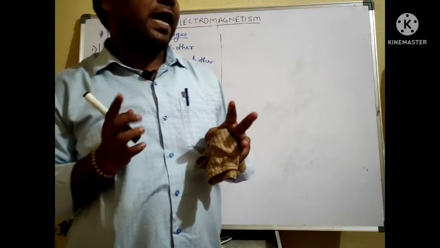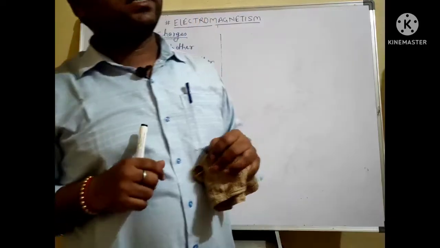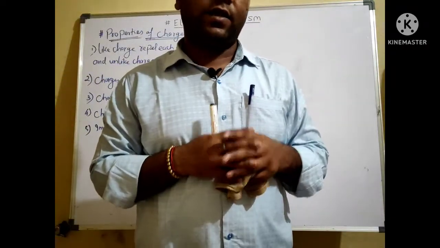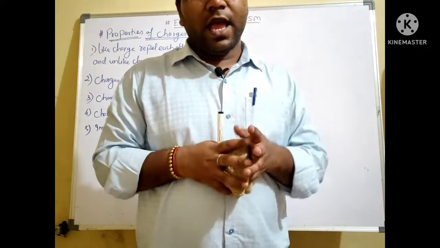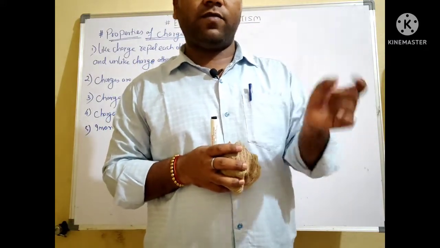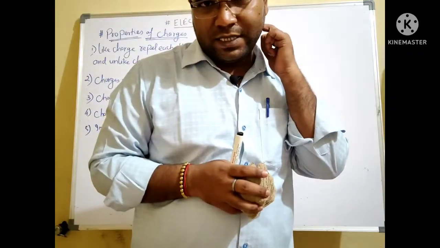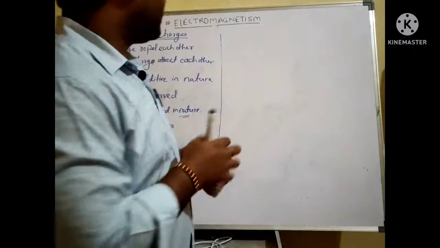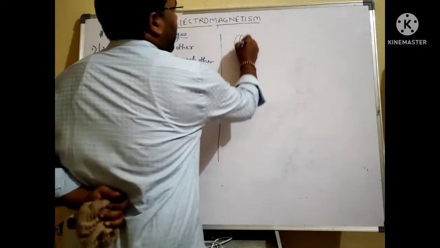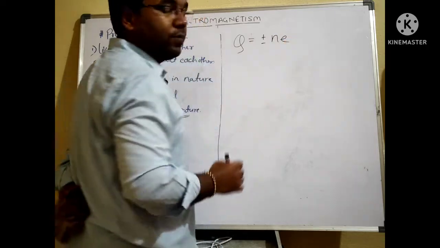If charges are quantized in nature, it means that if an object is charged, the charge on that object is a multiple of the smallest charge, that is, the electron. Yes or no? So this is given by Q equal to plus minus n e.